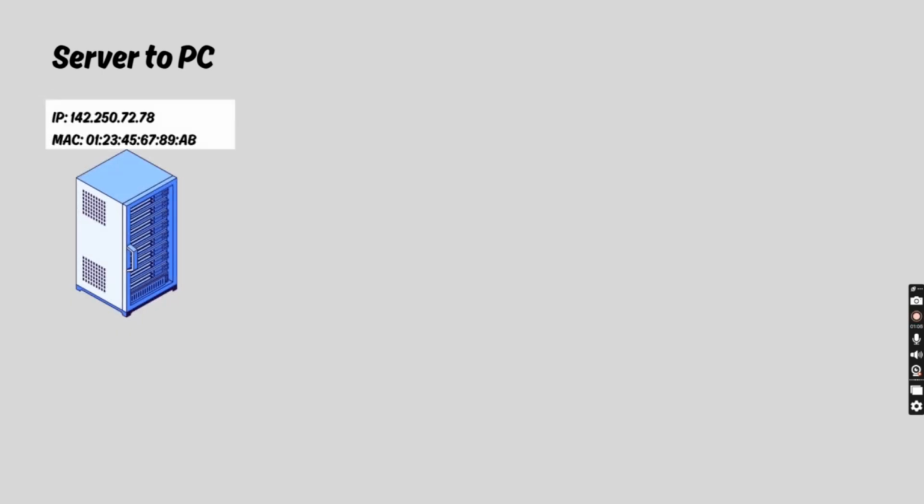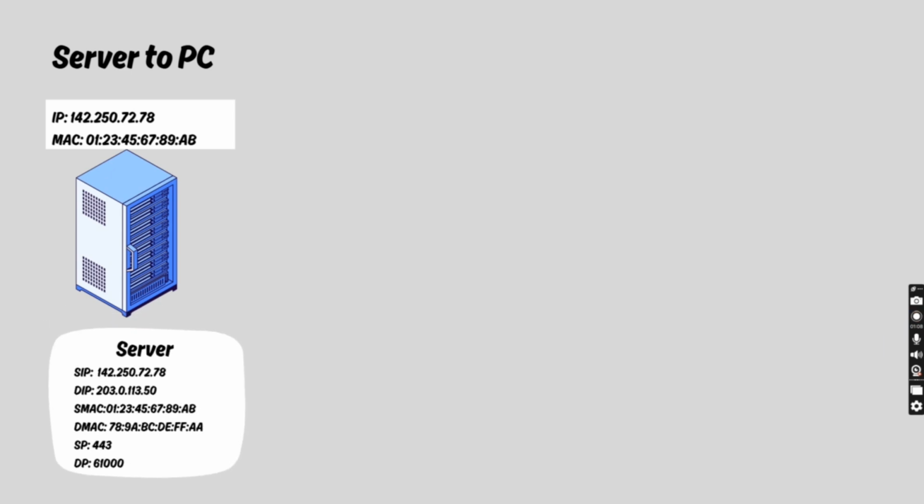It sets the source IP address to its own public IP, which is 142.250.72.78, and the destination IP address to router 1's public IP, which is 203.0.113.50, since that's where the original request came from.